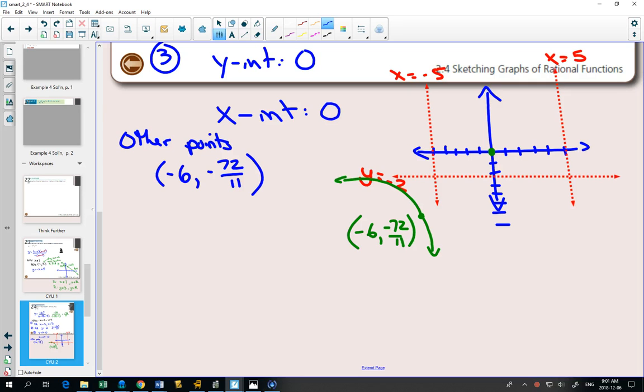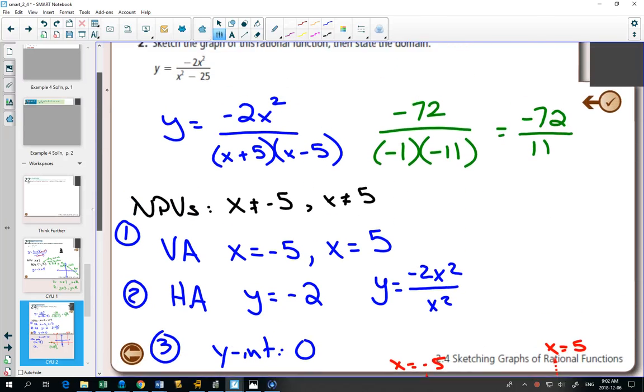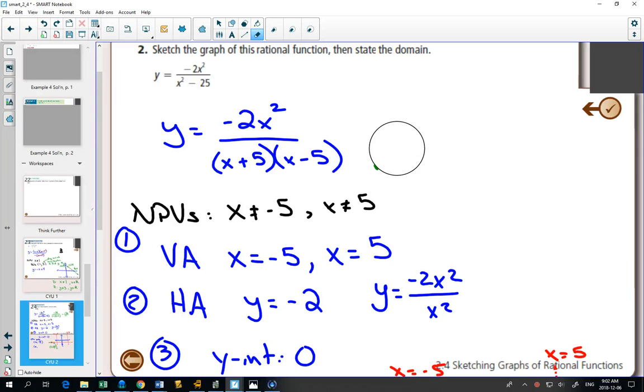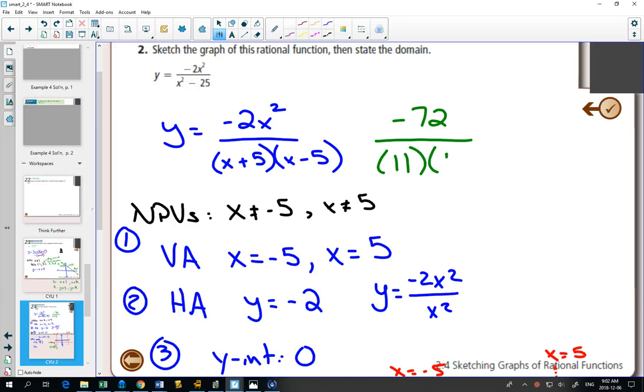We have nothing in the section to the far right. So we need to choose something bigger than x equals 5. So we'll plug in 6. I'll go back and erase our number from before. Now if I plug in +6, can you see that this will still be -72? But 6 plus 5, I would get +11 here, and 6 minus 5, +1 there.